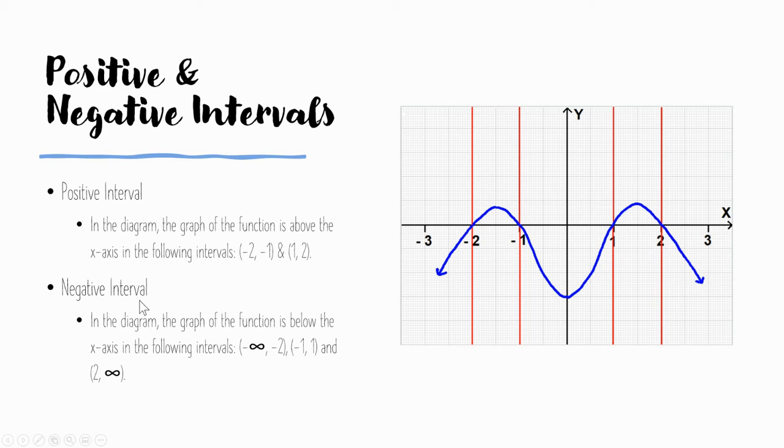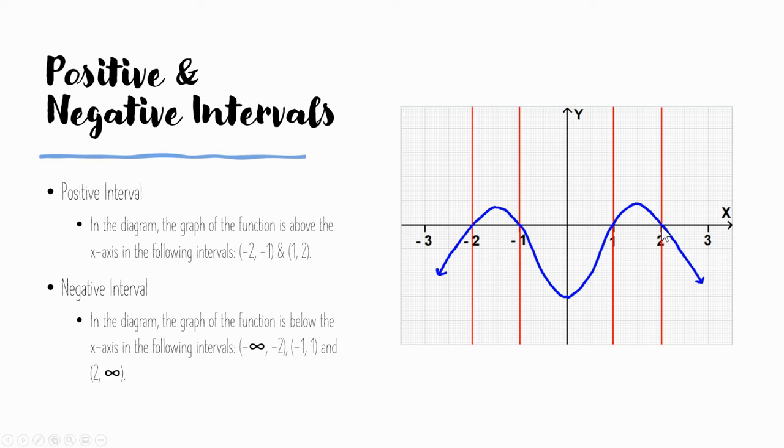A negative interval says that in the diagram, the graph of the function is below the x-axis in the following intervals: negative infinity to -2. So negative infinity is wherever you want to start, up to -2, I'm below the x-axis. All right, -1 to 1. So if I follow -1, and below the x-axis to 1.